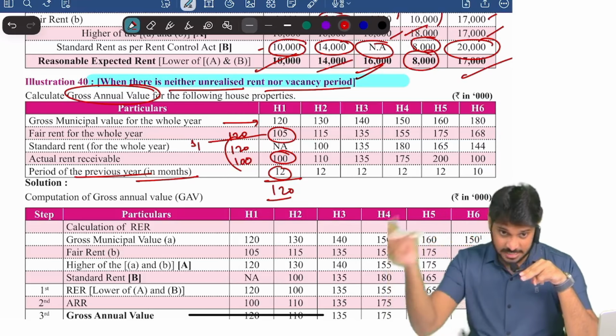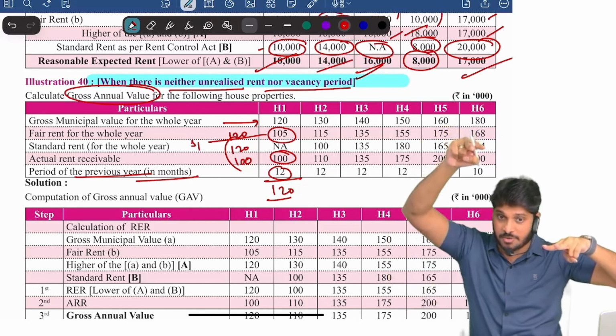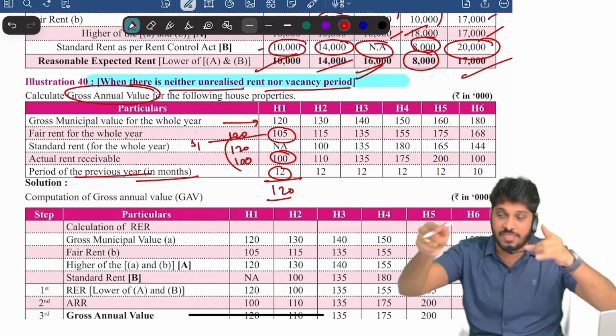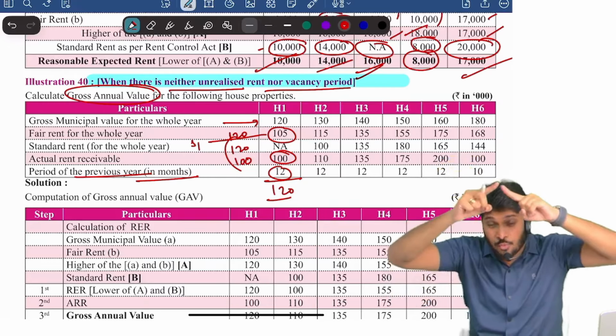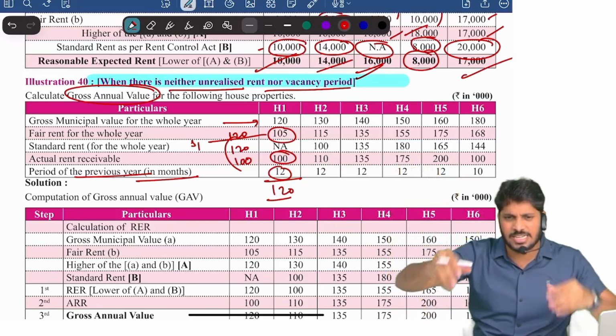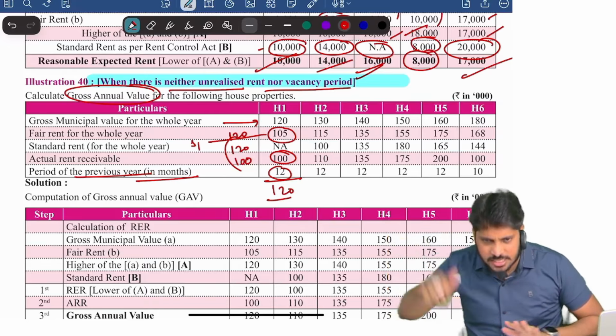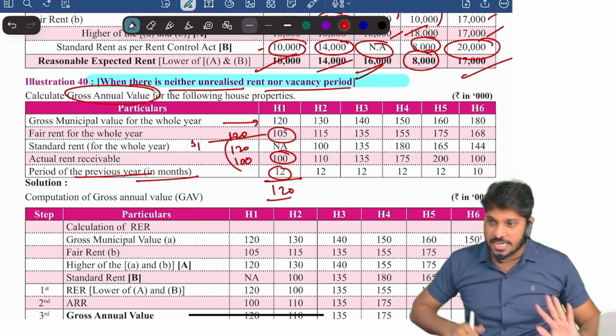Vacancy period rent is added to step number 2. If step number 2 becomes more than step number 1 after adding vacancy period rent, then the gross annual value is the original step number 2. Even after adding vacancy period rent, if the step number 2 answer is still less than expected rent, then vacancy is not the reason; whichever is higher, expected rent itself is GAV.